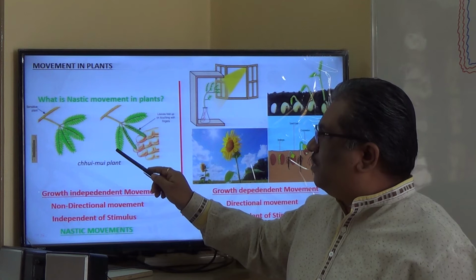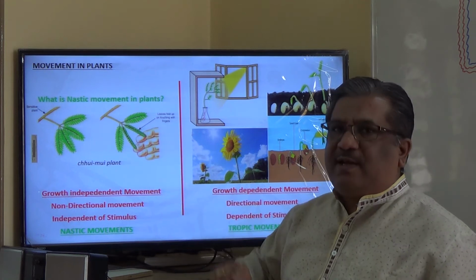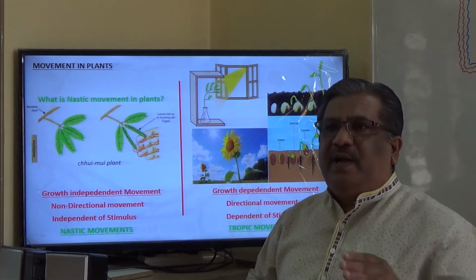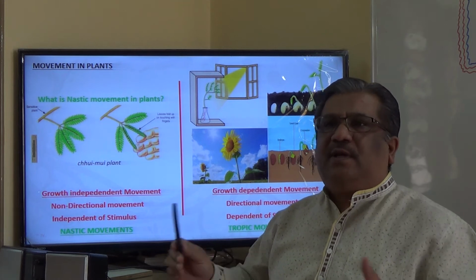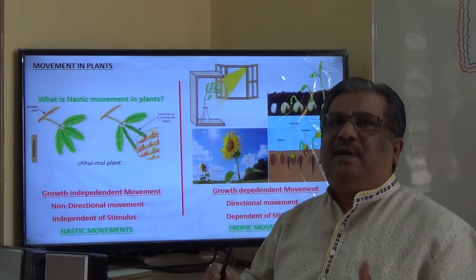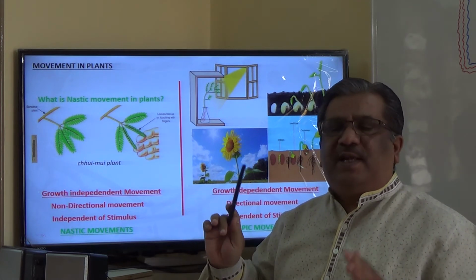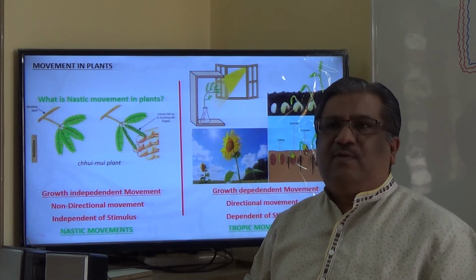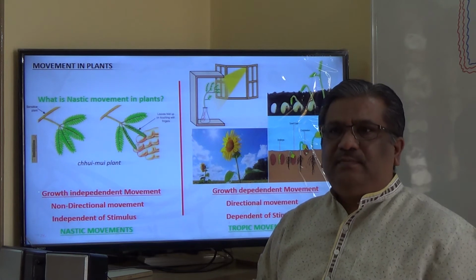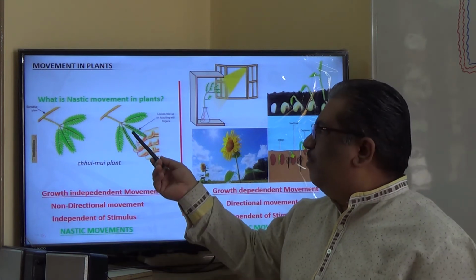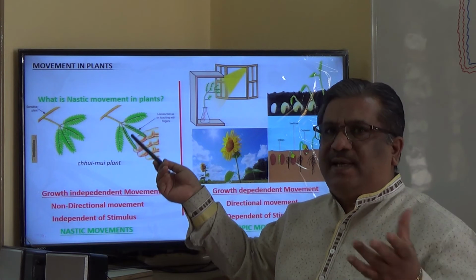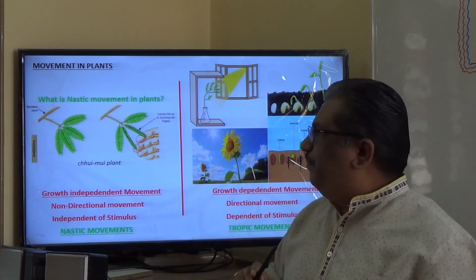The closing action or drooping action of the leaves is not dependent upon the growth of a particular part of the plant or a particular part of the leaf. No, it is not the growth that results in the movements. What results in the movement, closing and once again its opening, that we'll see later.